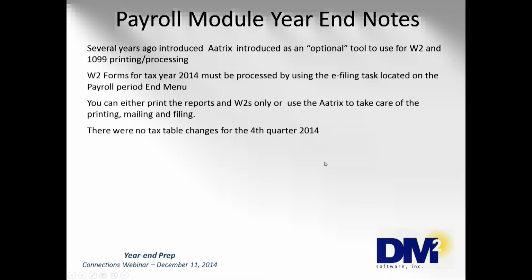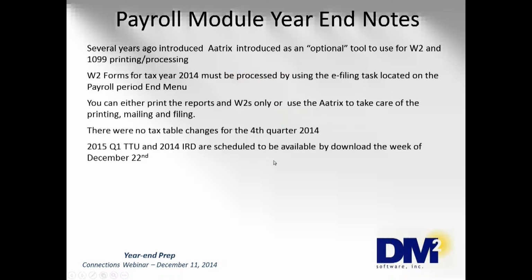There were no tax changes for the fourth quarter in 2014, so we don't need to worry about that. However, in 2015 quarter one, there are going to be some tax changes. So the TTU, or tax table update, and the 2014 year-end release, or what we call IRD, will be available by download by the week of December 22nd.